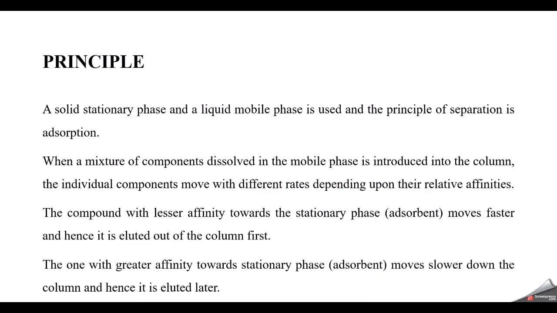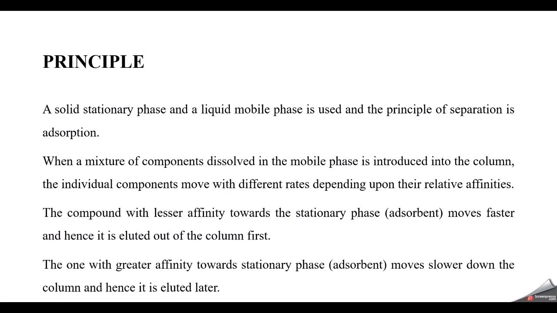Next is principle. A solid stationary phase and a liquid mobile phase are used, and the main principle involved in column chromatography is adsorption. When a mixture of components dissolved in the mobile phase is introduced into the column, the individual components move with different rates depending upon their relative affinities.